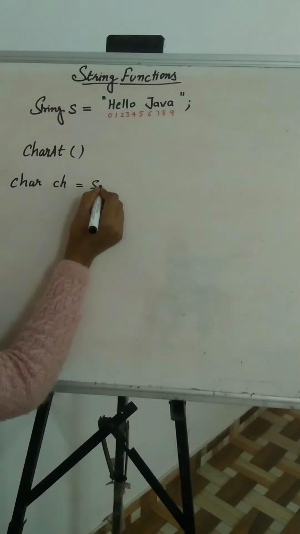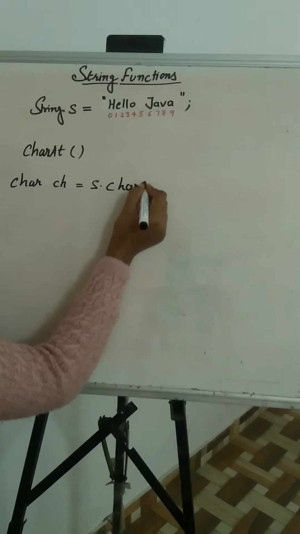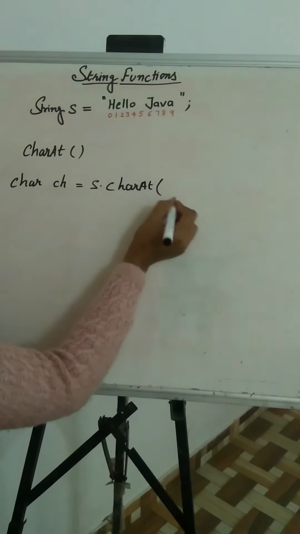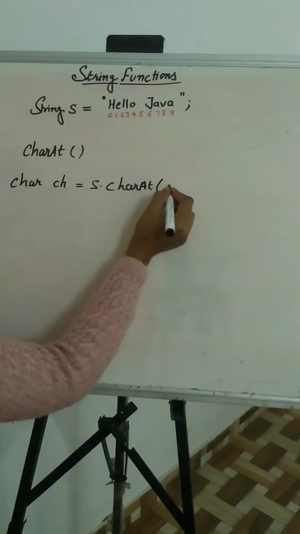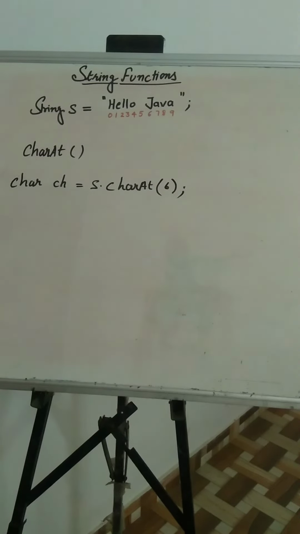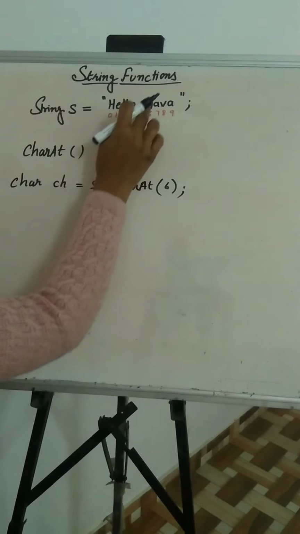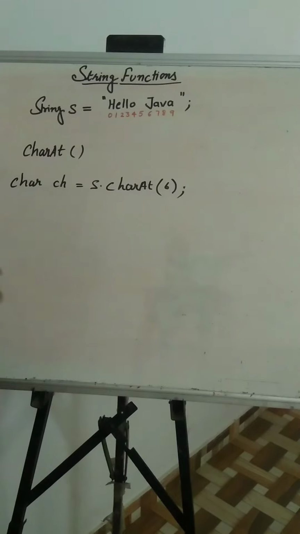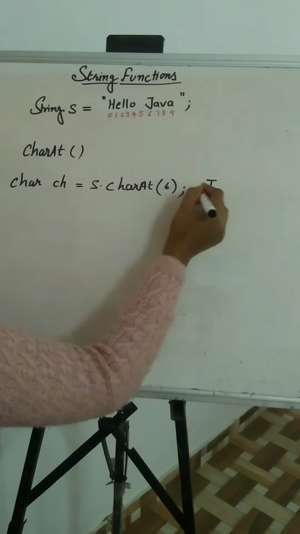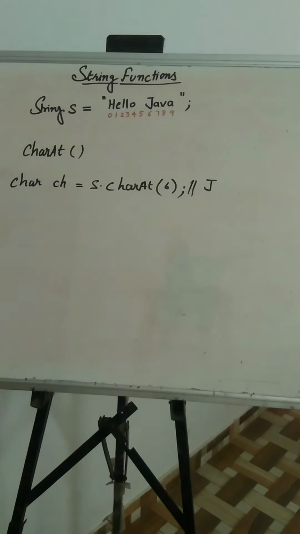So here we write s dot charAt function. In this function we pass the index value, 6. So in the 6 index position, which character is there? J. So ch will store j. Okay, so it's a charAt function.